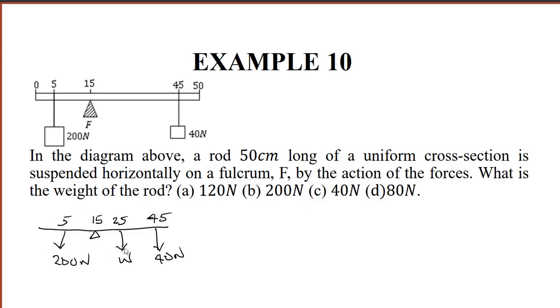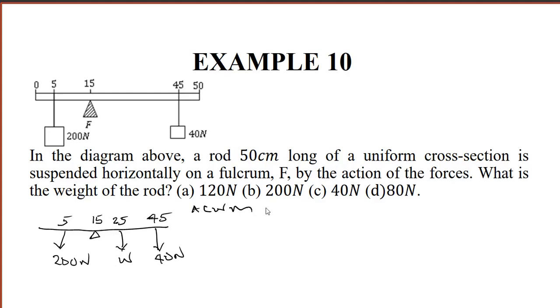Anti-clockwise moment. If you drag the weight W towards the point, it's creating clockwise moment. If you drag 40 Newton in that direction, it's creating clockwise. So the 200 Newton creates anti-clockwise moment, while W and 40 create clockwise moment.